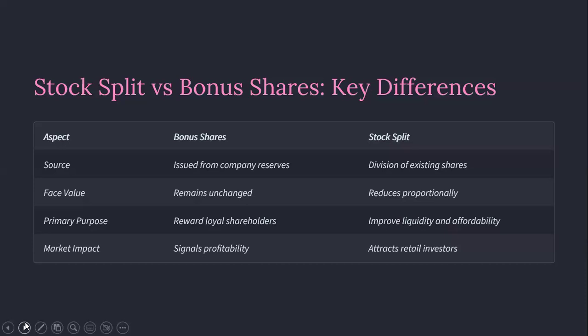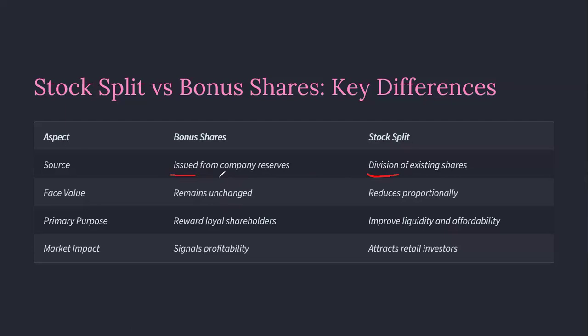If I compare the bonus share with stock split, let's understand: stock split is division of shares, whereas bonus is issue of shares. In stock split, I divide the shares into other value denominations.